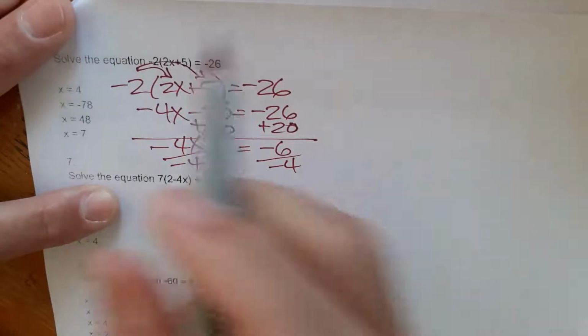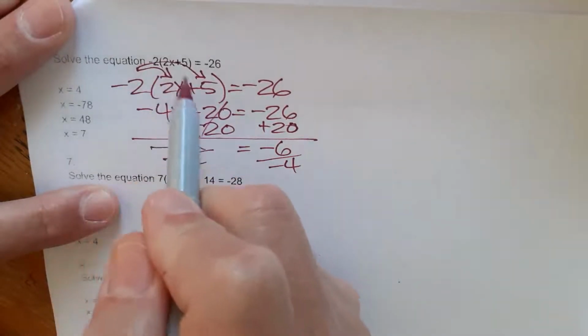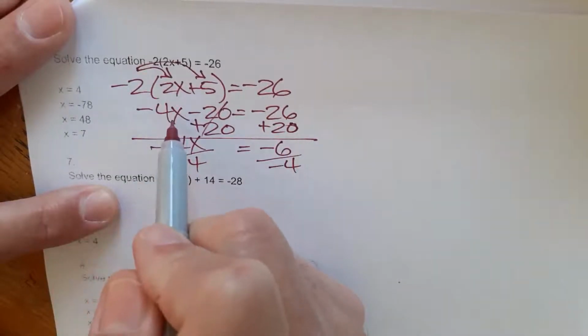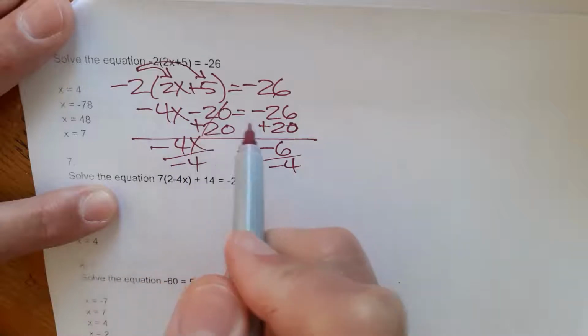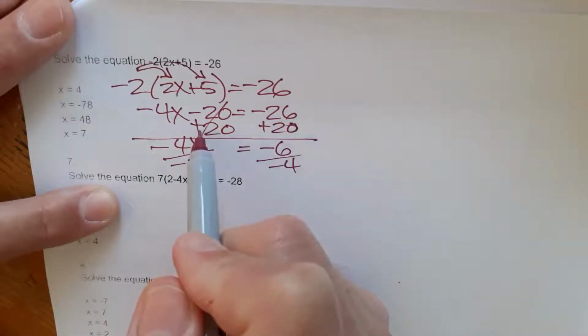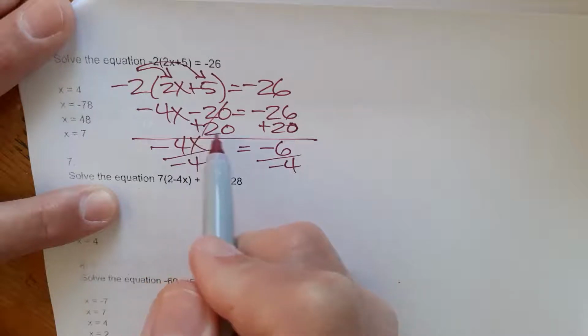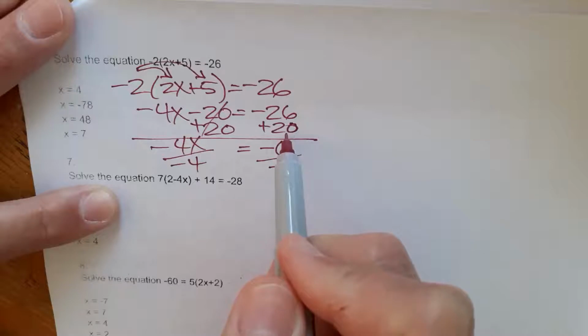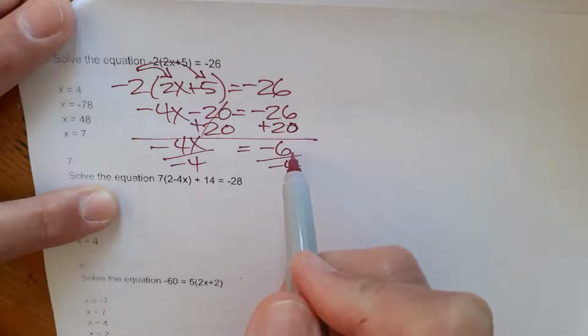And I've gone wrong somewhere. Let's see. Negative 2 times (2x plus 5) equals negative 26. I multiply. I get negative 4x, and I get a negative 20 and negative 26. If I add 20 to both sides, add 20 here, add 20 here. So, looks like negative 6 here.